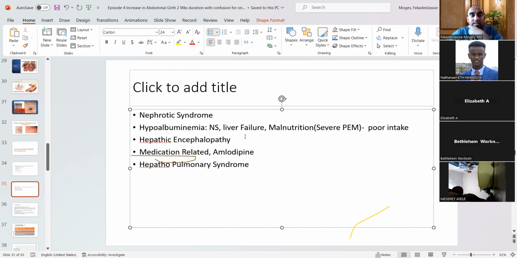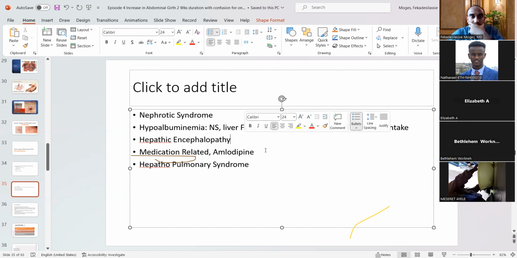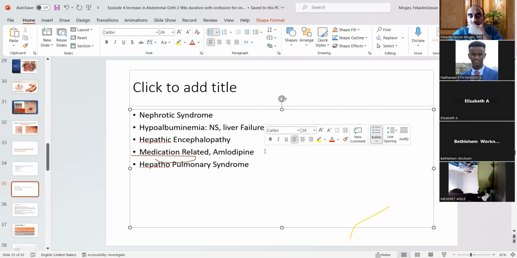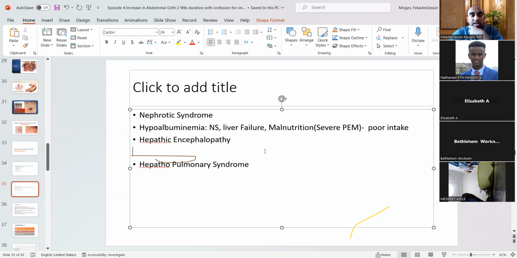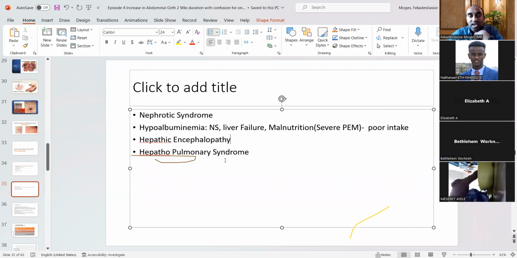Hepatic encephalopathy possible. Medication-related amyloidopathy less likely. Hepatopulmonary syndrome possible.